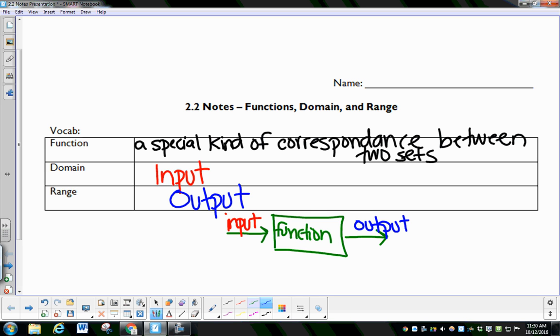So for example, let's say our function was y equals x plus 1, or remember we can refer to functions as f of x equals x plus 1. This just means a function called f, and our input is x. And what we're going to do to that x is add 1 to it. That's what that function means.